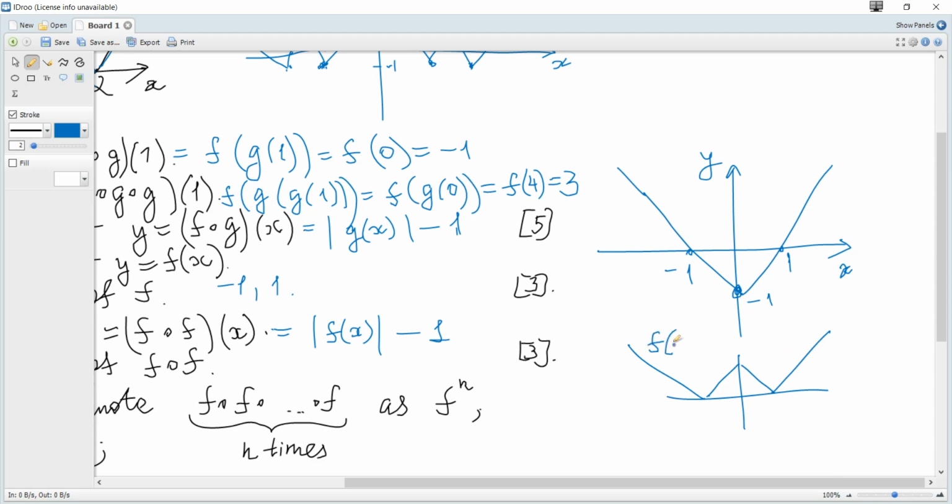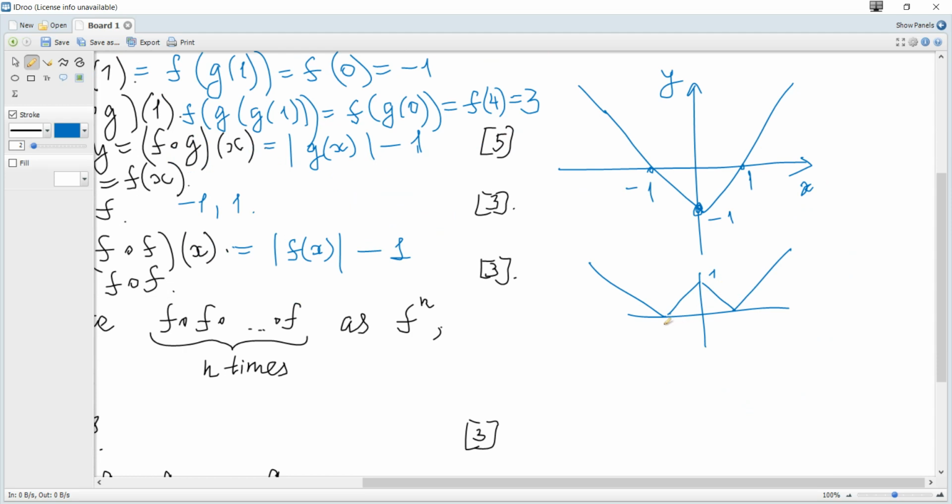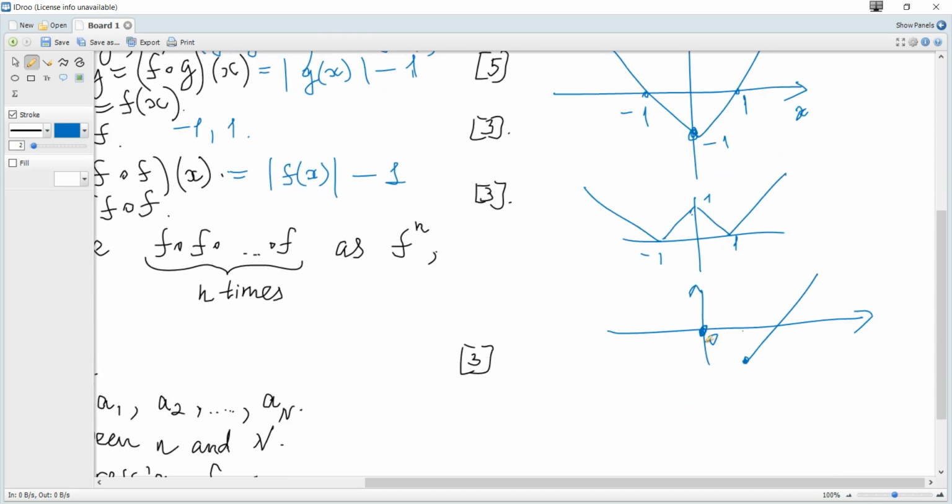It's just f of x in absolute value, and minus 1 is just 1 unit downwards, and it becomes 1, -1, 1, and 1 unit downwards. This point becomes at the origin, and 1 becomes -1, and it looks like this.